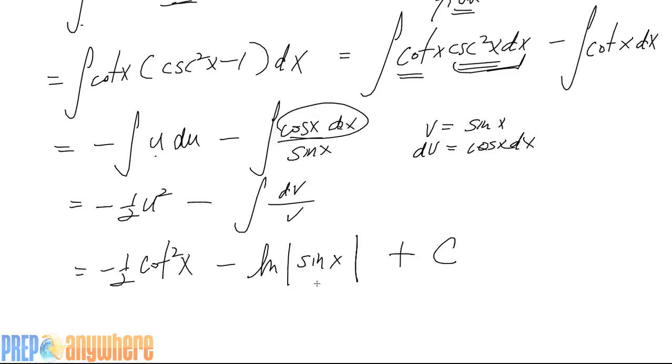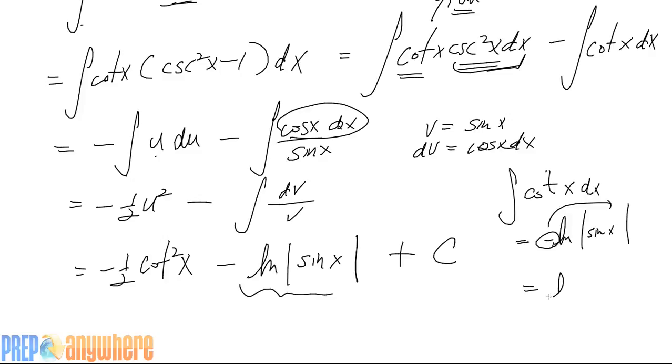So often this is actually something that a lot of people memorize too. The integration of cotangent of x, what we just did here, we got to be minus ln of sine of x. But if you bring that minus 1 up, you get ln of sine x all reciprocal.